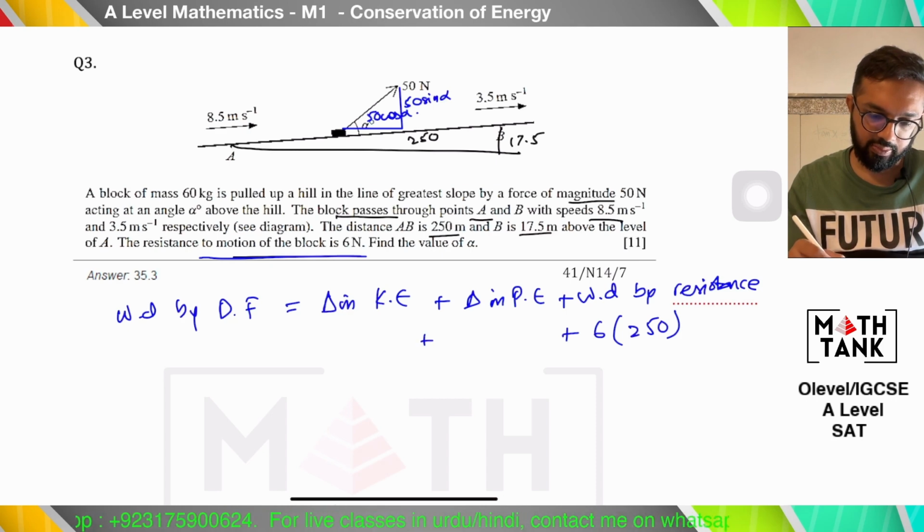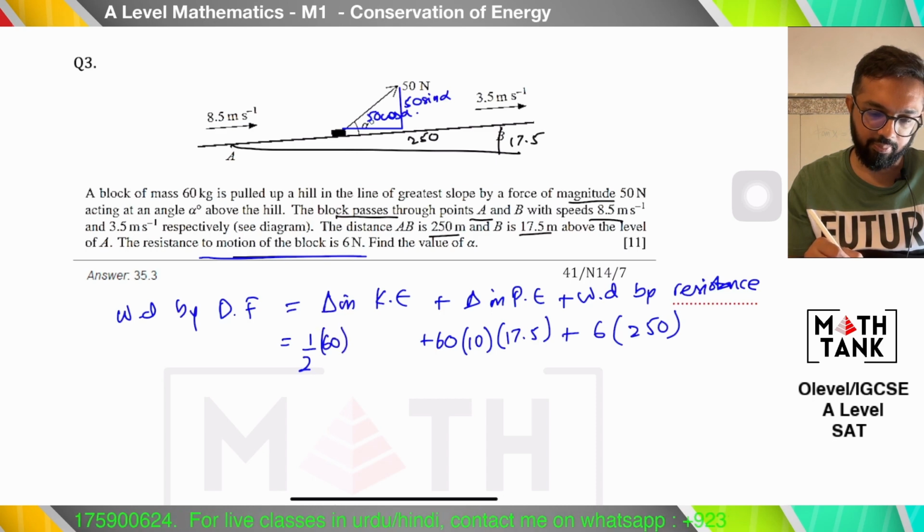Change in PE is mgh. Change in KE is half m (v square minus u square). The work done by the driving force is 50 cos alpha into 250.